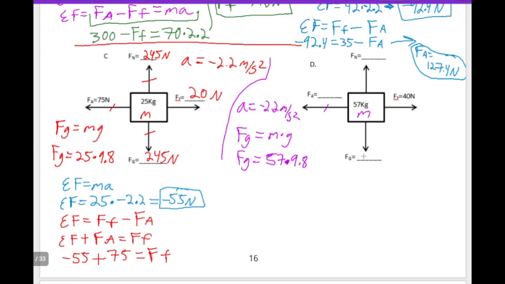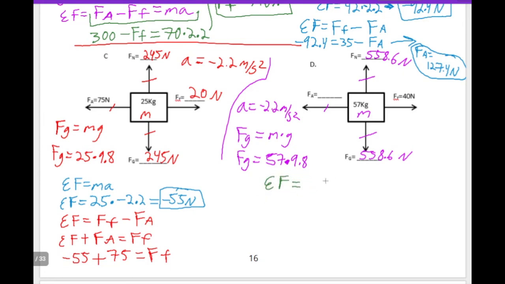So doing so, we find out that the force gravity should be 558.6 newtons. Again, we can see that gravity and normal are equal to each other, so this is also 558.6 newtons.